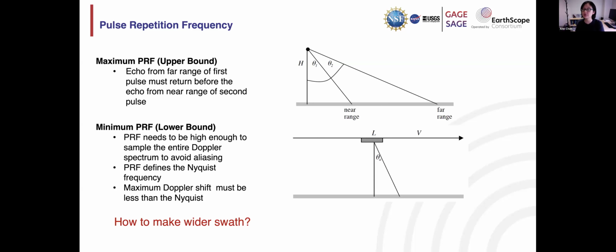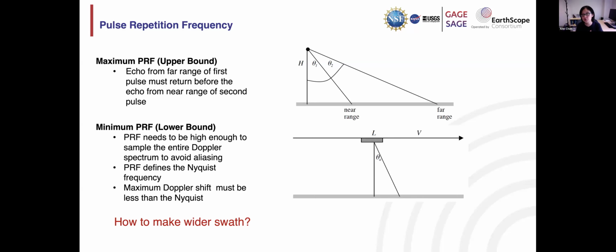In order to sample the full spectrum in the radar processing, you have to sample at a fast enough rate to capture all the response. Just like if you have a signal, you cannot sample too slowly, otherwise you might lose information. But these two are separate requirements. Basically your minimum PRF cannot be larger than the maximum PRF. Otherwise, it doesn't work, right?